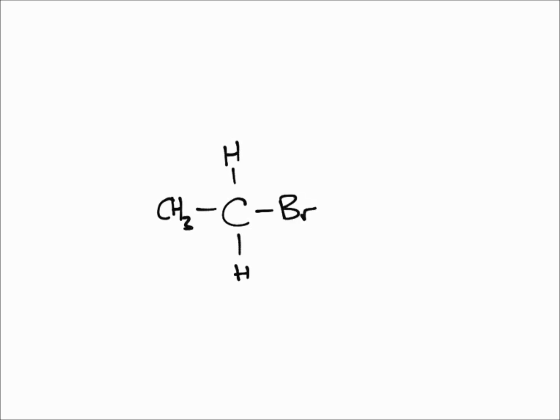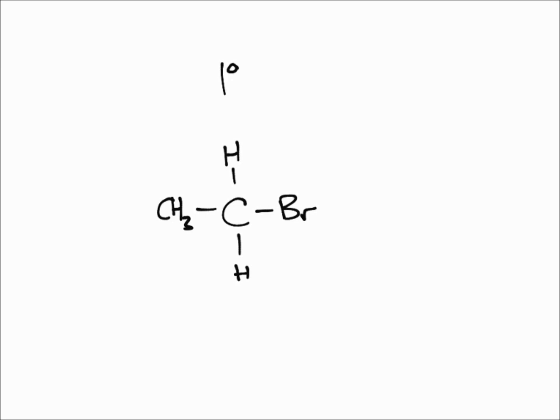Those are primary substrates, and they will always choose SN2. And then you have a secondary substrate, which is in the middle, and secondary substrates choose a mixture of indirect and direct mechanisms. So they sometimes choose SN1, sometimes SN2, and we'll talk about that more in a future video.